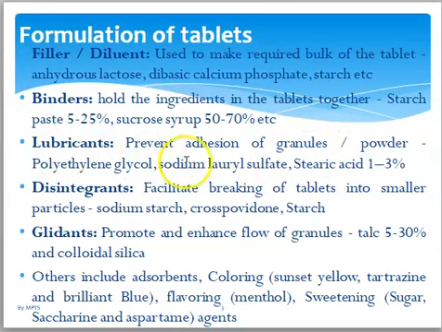We have PEGs, sodium lauryl sulfate, stearic acid. Disintegrants facilitate the breaking of tablets into small particles: sodium starch glycolate and starch. Now these ones determine the cost of these drugs. If someone uses an expensive excipient, which is better, the cost will go higher.